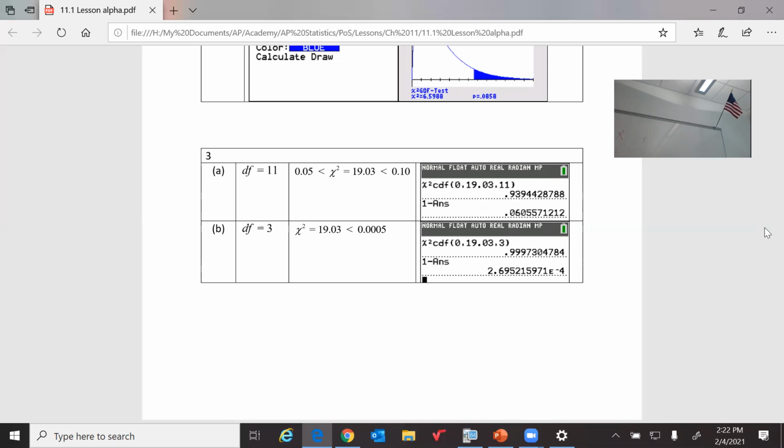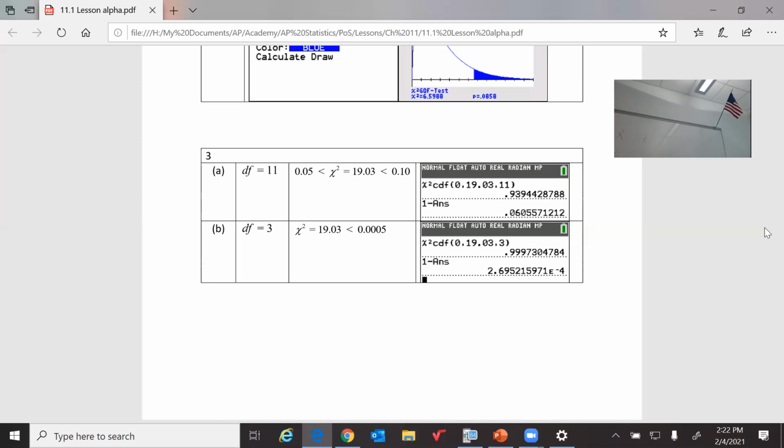Yes? Now what? Well, this test statistic of 19.03 gives you a p-value of 6%. We would F2R at 5%, but we would reject at 10%, depending on what the alpha level is.